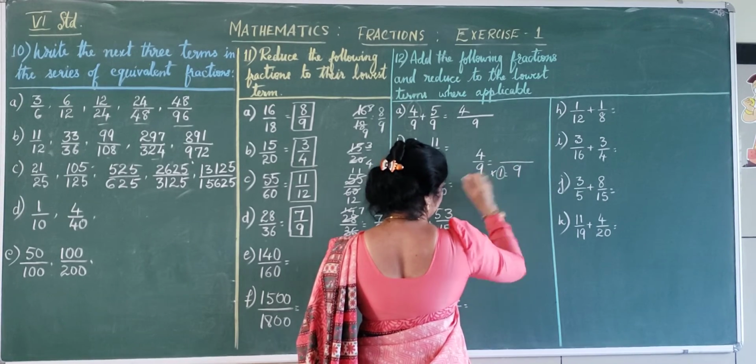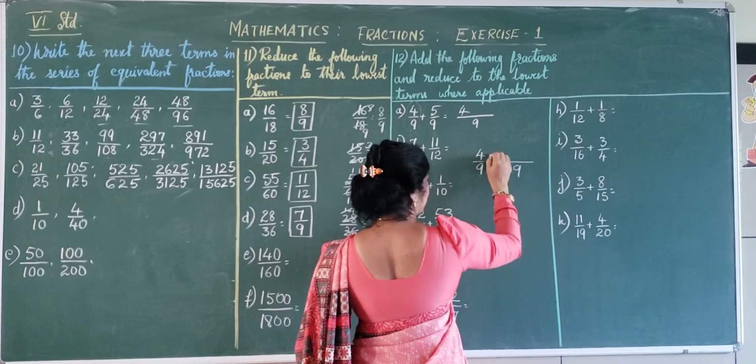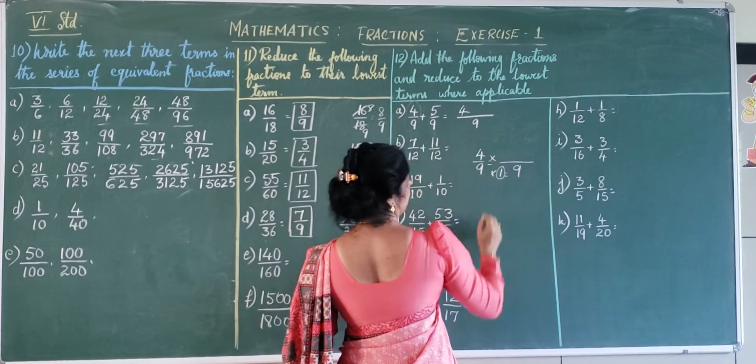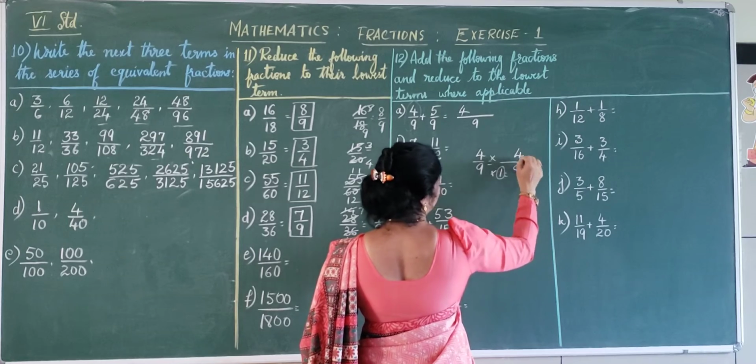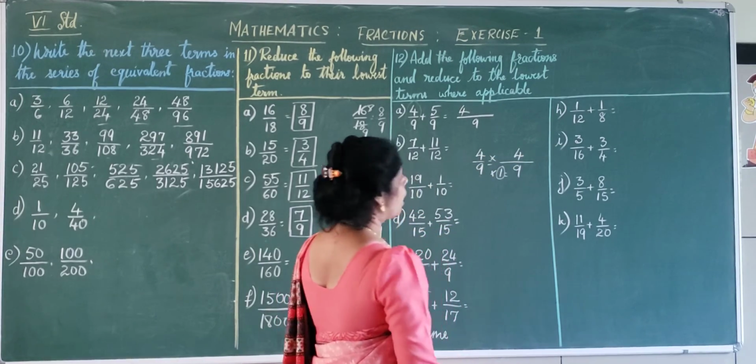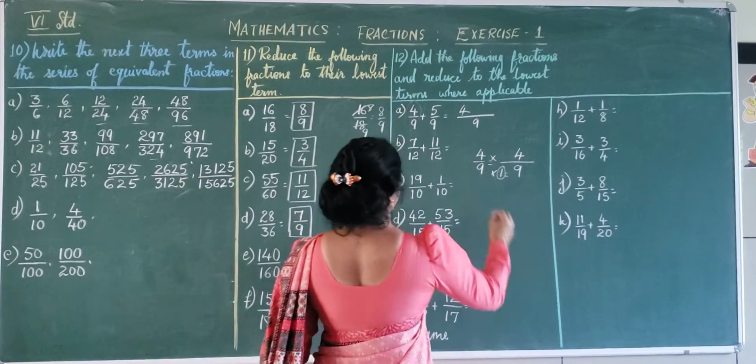Now this middle factor, multiply by numerator, you get 1 4s are 4. So 4 by 9 is your answer there.